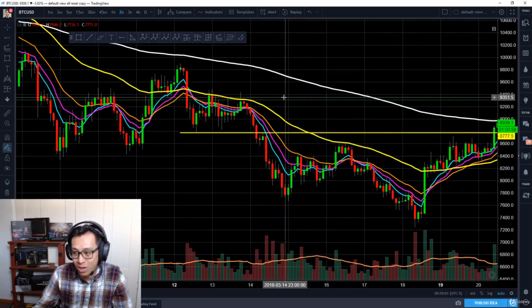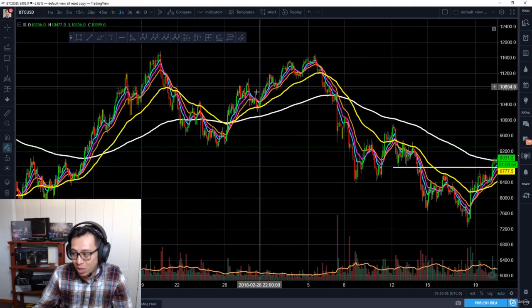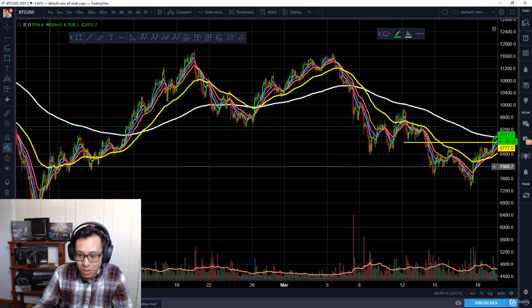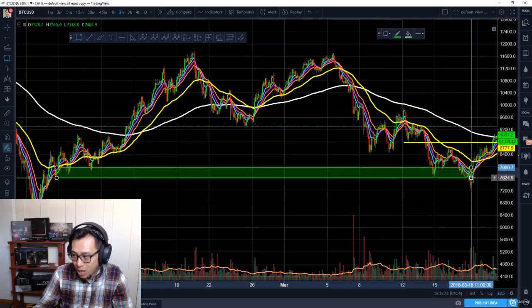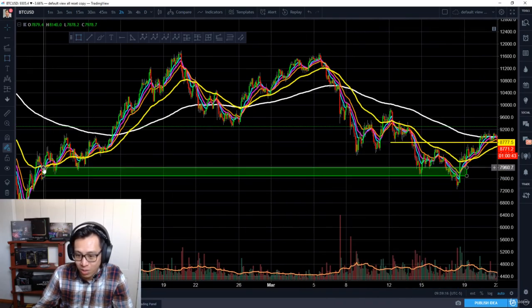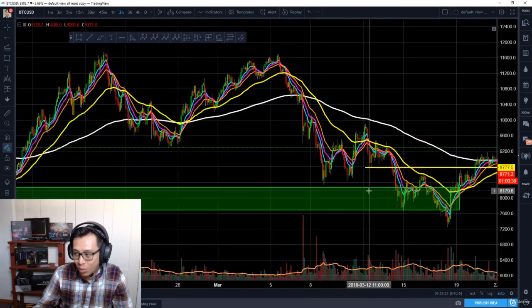So for example, right here, if it actually broke there, you'd go all the way back to around here and you'd be like, okay, this is a pretty decent area of support, just down over here. Because we're taking the previous price activity or even higher because we're unsure. So that's a pretty decent support level.